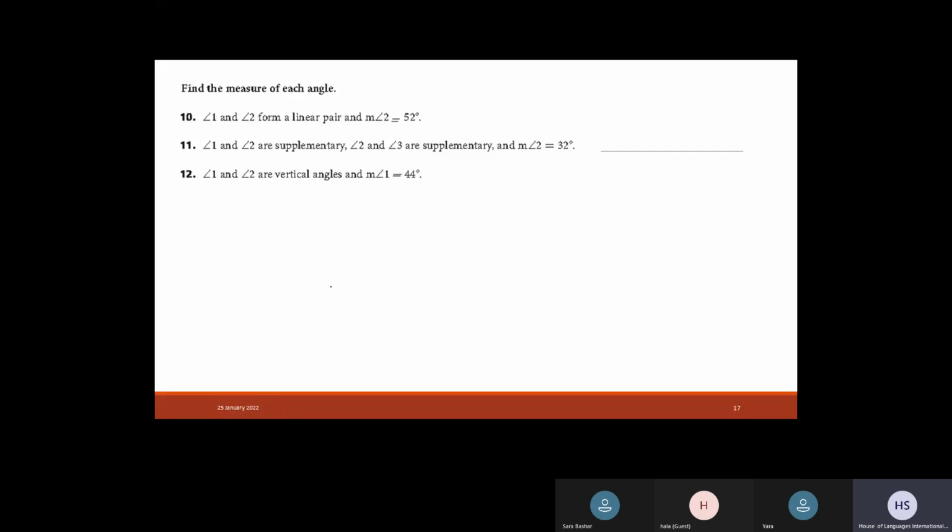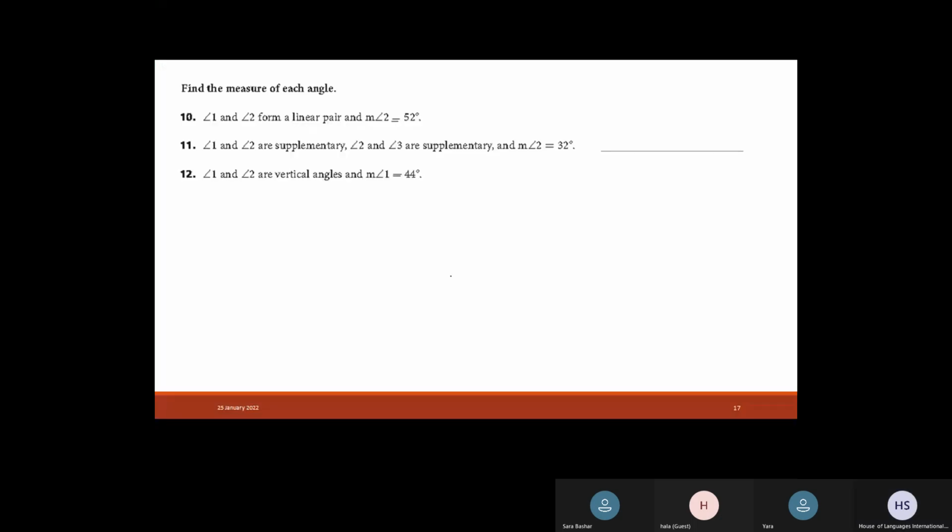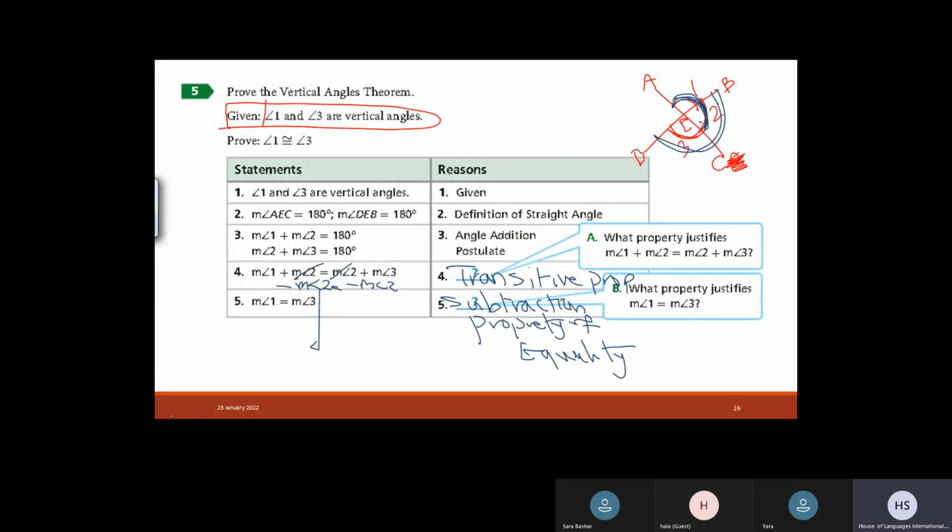I put them by mistake. Now, number 20. Yalla, I will let you. Oh, yes. Number 20.